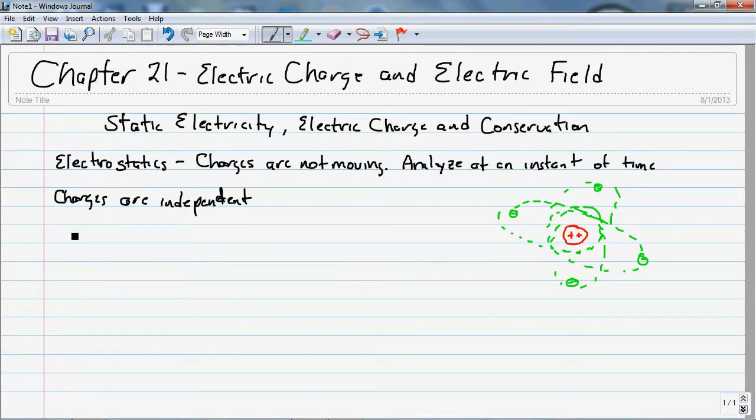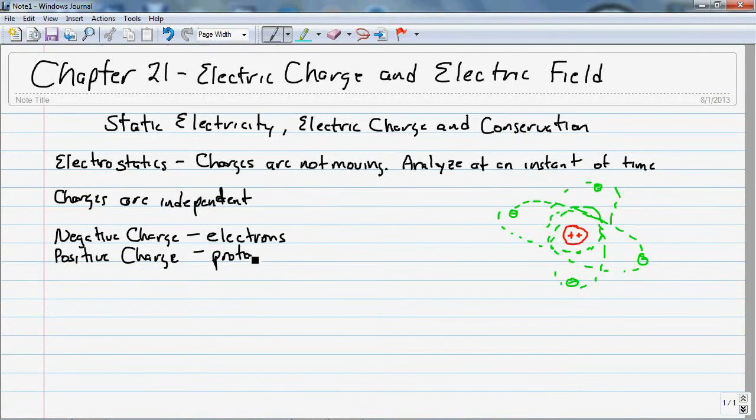Now there are two types of charges. We have the negative charge, and we usually relate this to electrons. And we have the positive charge, and we usually think of protons.